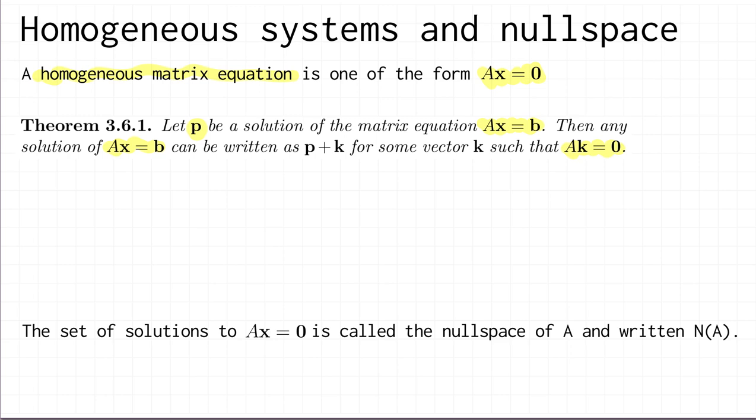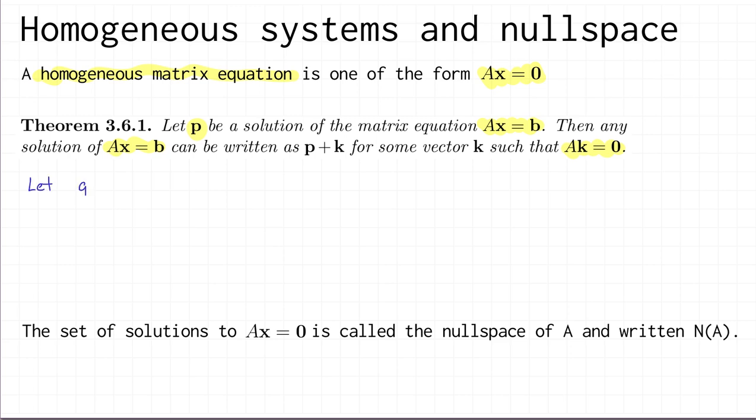So that means if we've got a method for solving the homogeneous equation, then if you can find just one solution to an inhomogeneous equation, you can find all of the other solutions just by saying that they are equal to that particular solution plus any solution to the homogeneous equation. So let's see why this is true.